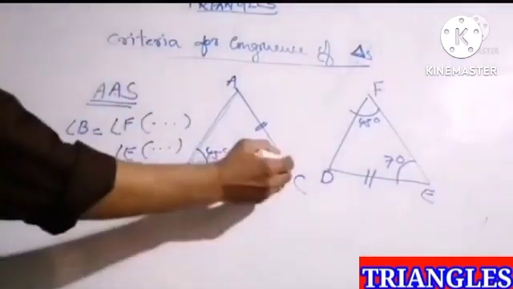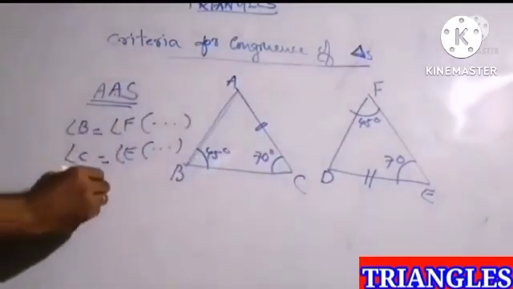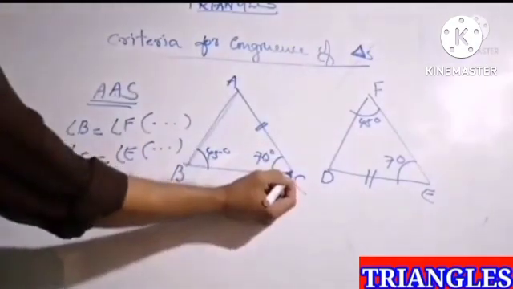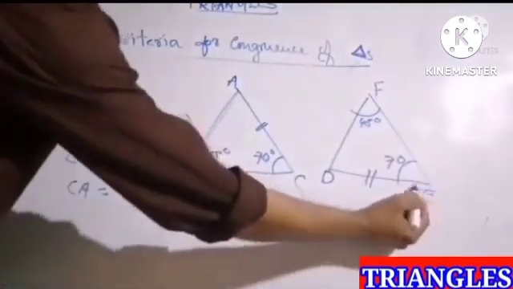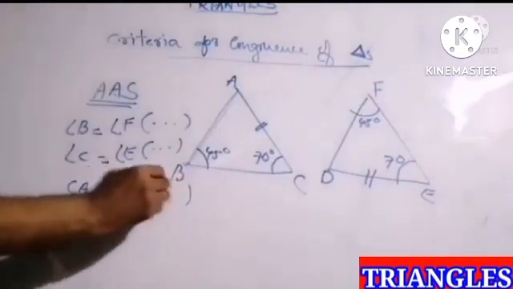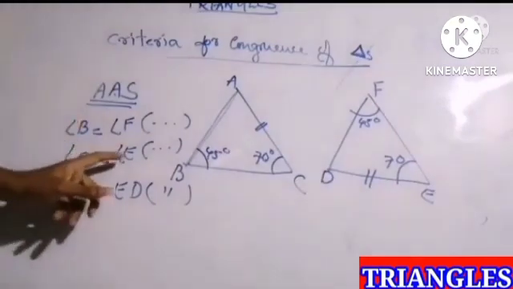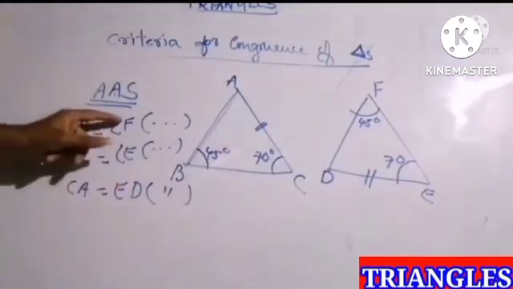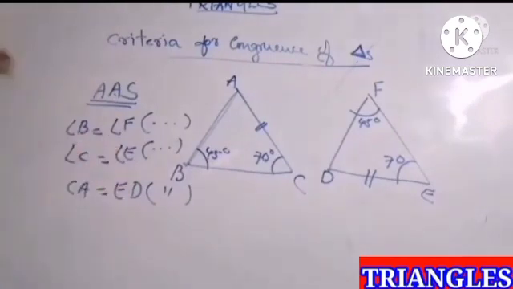Now the side is represented by AC or CA. It will be CA, since C starts from 70 degrees. So here, 70 degrees, starting from E, D. So these are the angles and the sides given: B equals F, C equals E and CA equals ED.